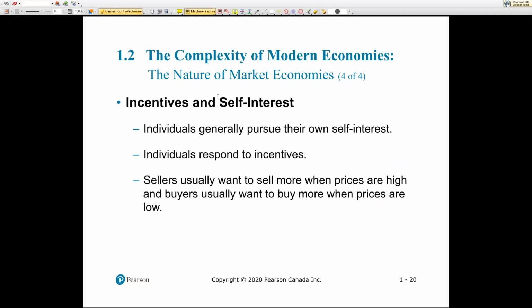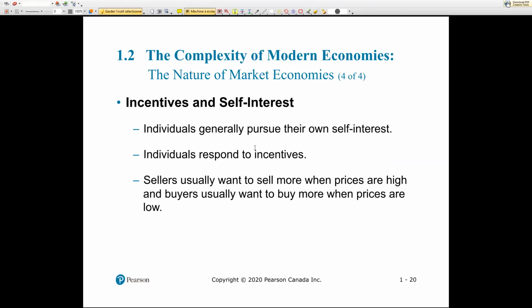Okay, incentives and self-interest. So this is what we call an assumption. We say that individuals pursue their self-interest and that they are also rational. So they know how to take good decisions with their best interest in mind.